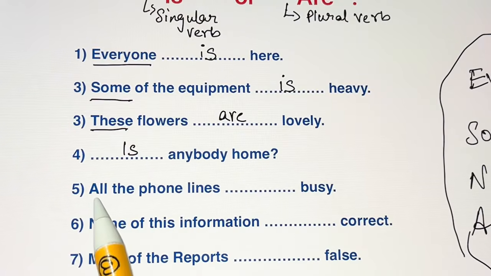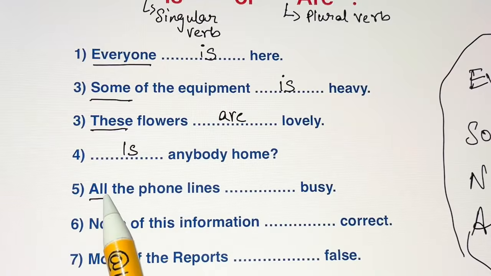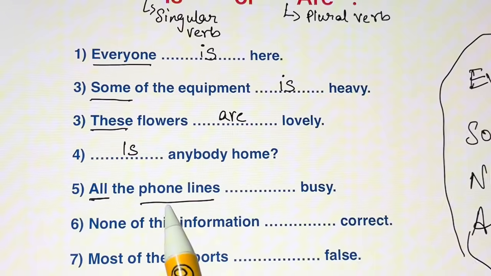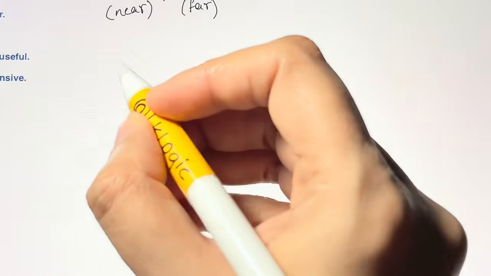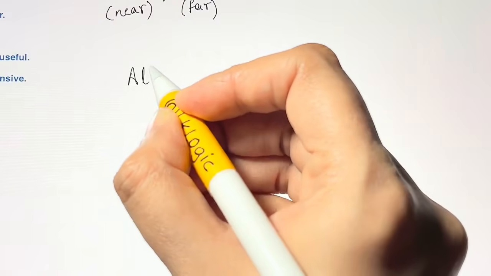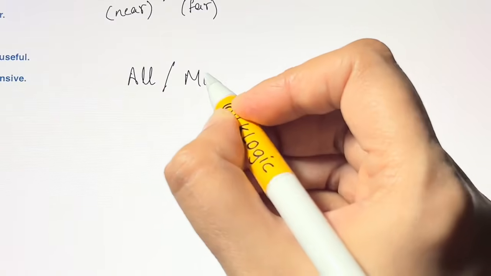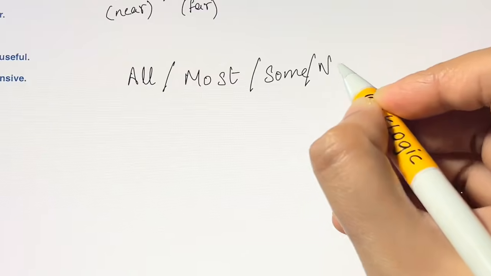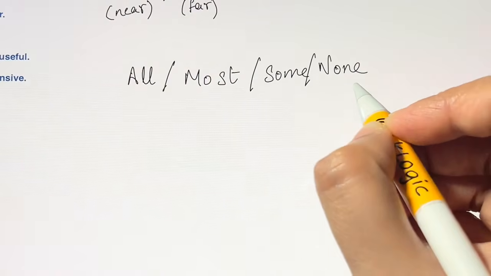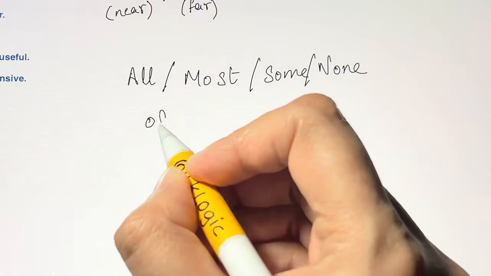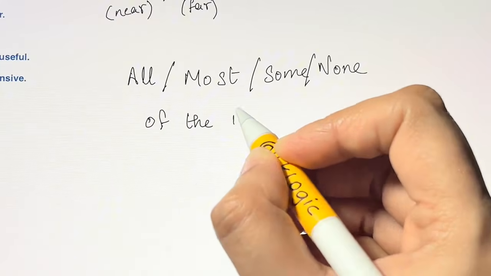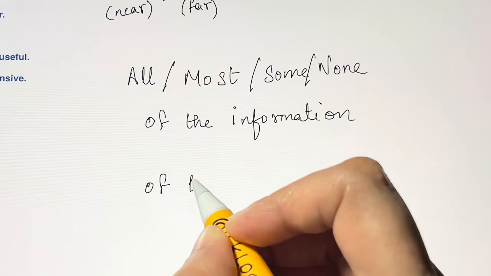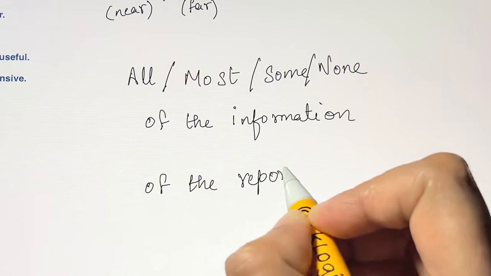Now here again, you have to remember something whenever you have something like this. All the phone lines. Now here comes countable and uncountable nouns. So listen guys, whenever you have all or most or some or none, any of these words used in sentences with, suppose, the information, or you can use it with of the reports.